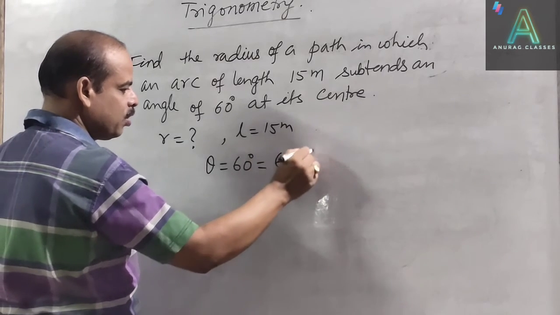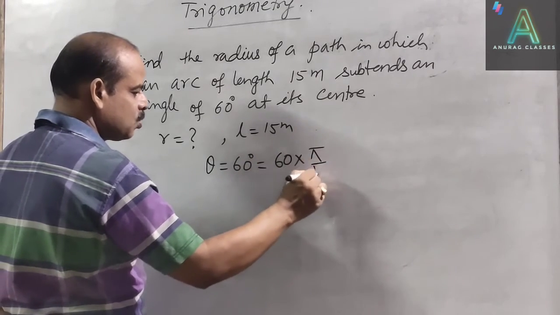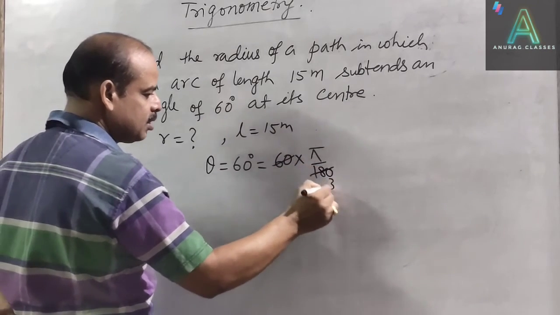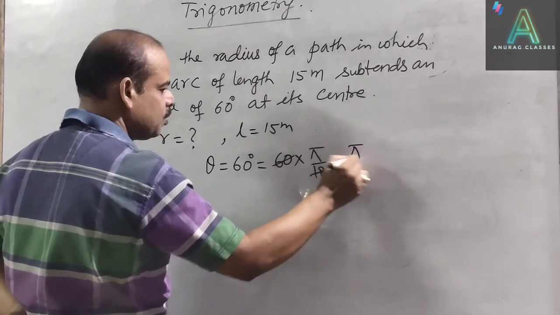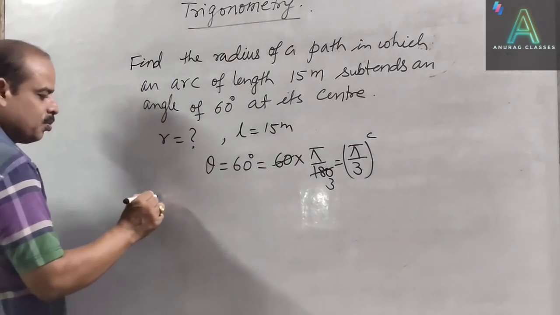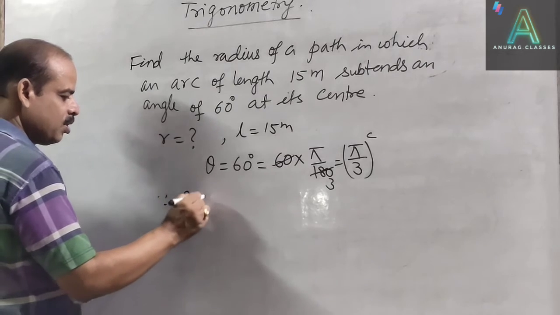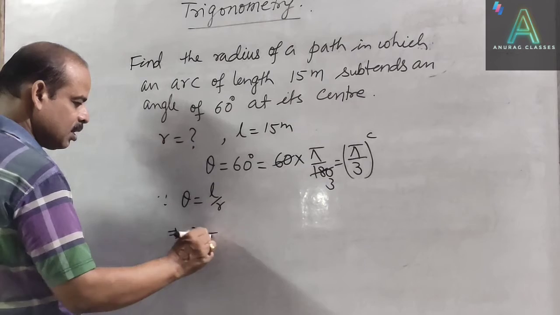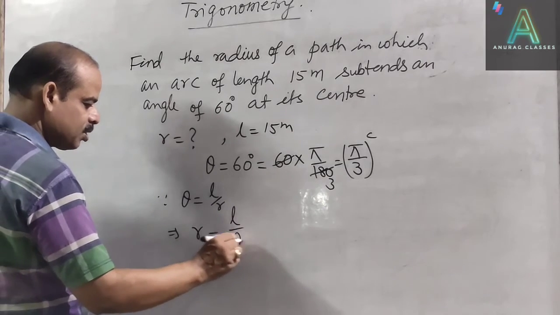So 1 degree is equal to pi by 180 radian. So 60 degree is equal to 60 into pi by 180, which gives you pi by 3 radian. Now use the formula. Theta is equal to L by R. So what will be the value of R? It will be L upon theta.